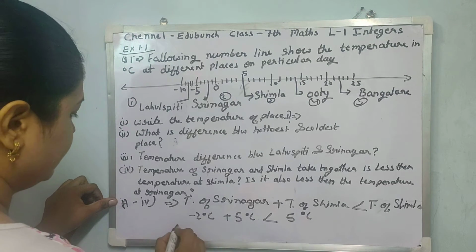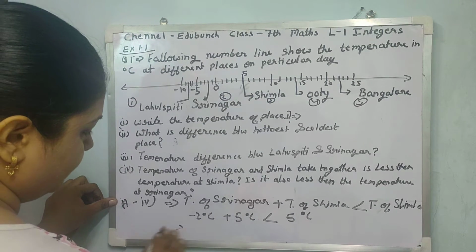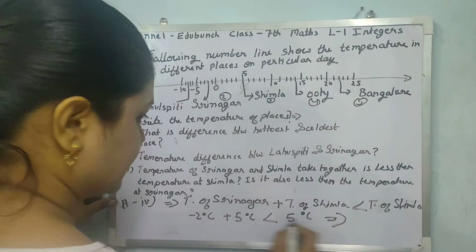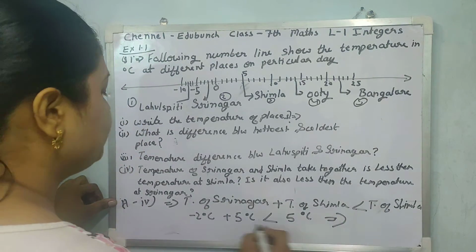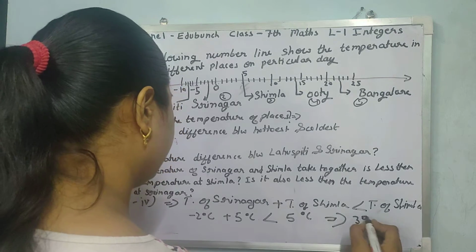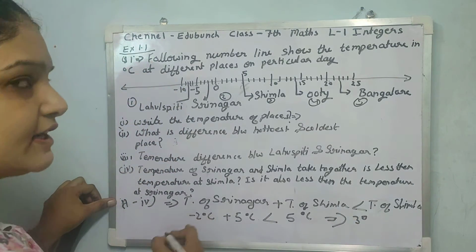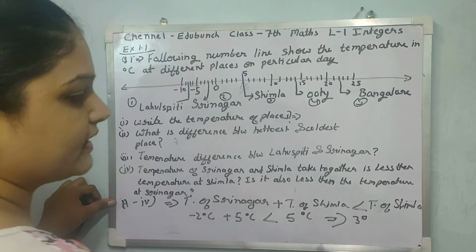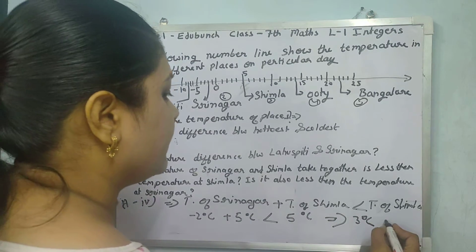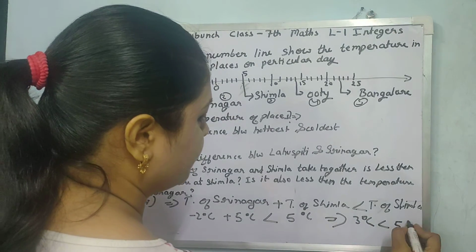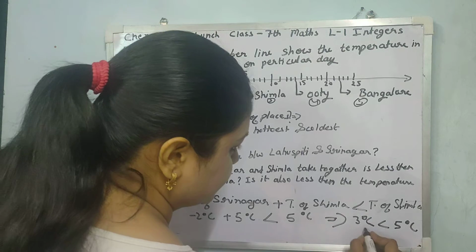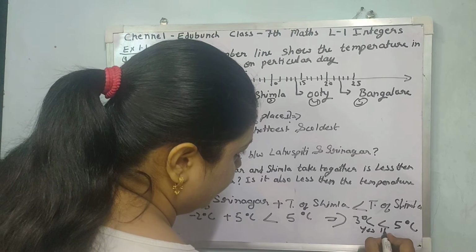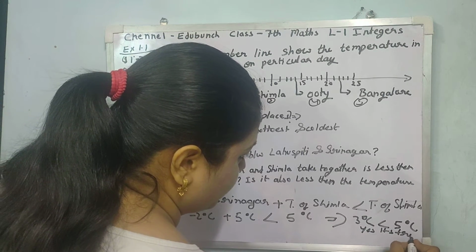So the next step we write here 3 degrees Celsius, because we are subtracting 2 from 5. So 3 degrees Celsius is less than 5 degrees Celsius. Yes, it's true.